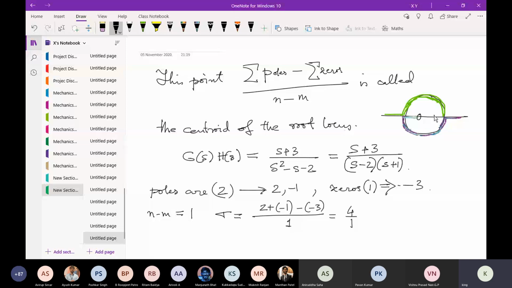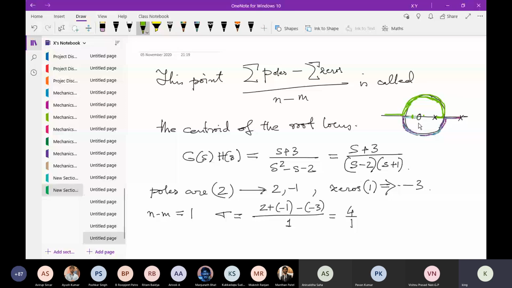So this is something that you will do later, and your asymptotes will actually intersect at this point, which will be considered the centroid.